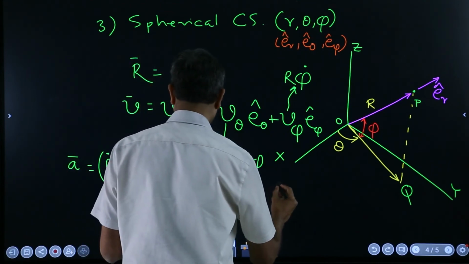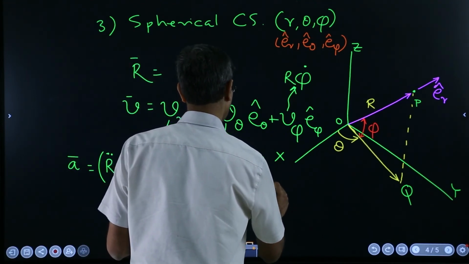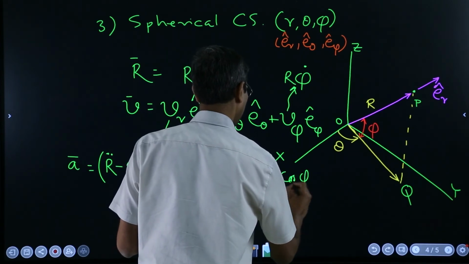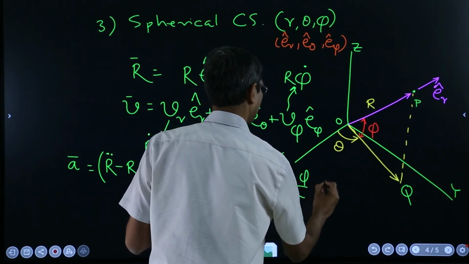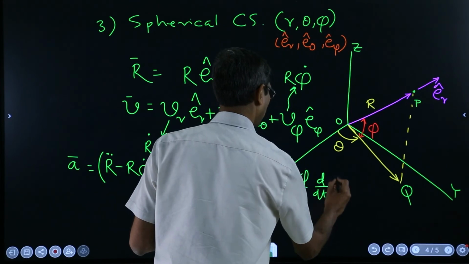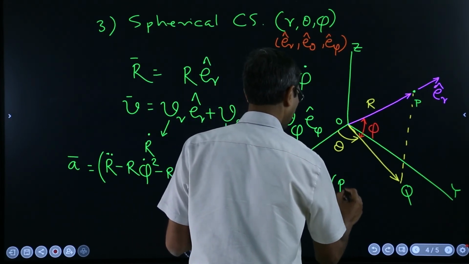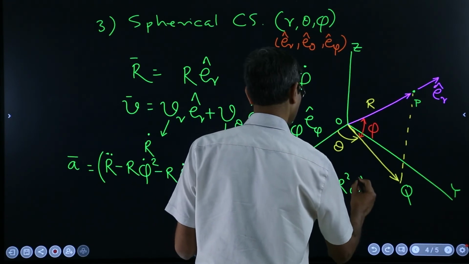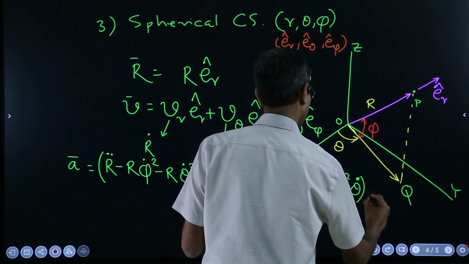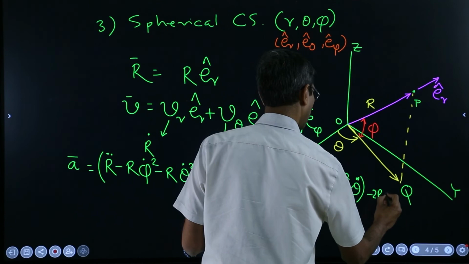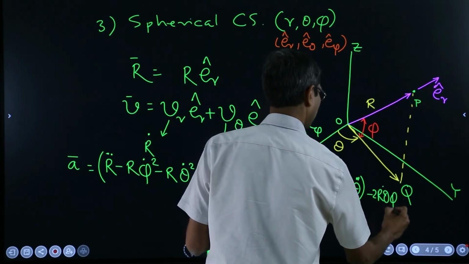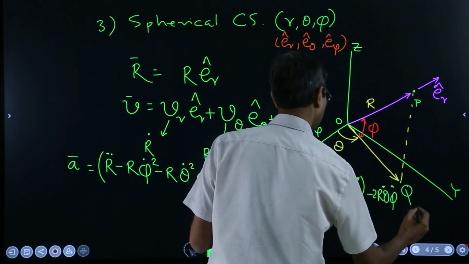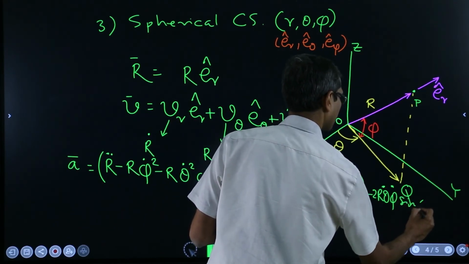Similarly, the e_theta part will be something like cosine of phi divided by r, then d by dt of which you can again differentiate, r squared theta dot, minus 2 r theta dot phi dot sine of phi.